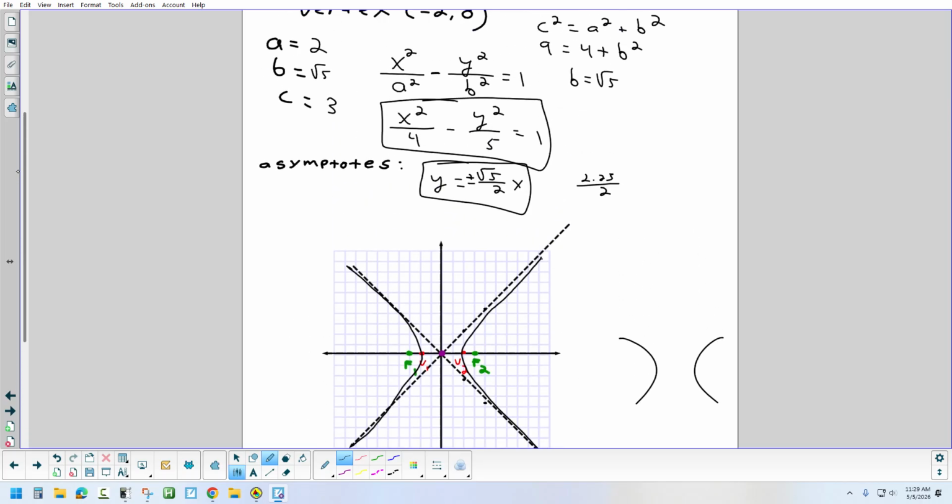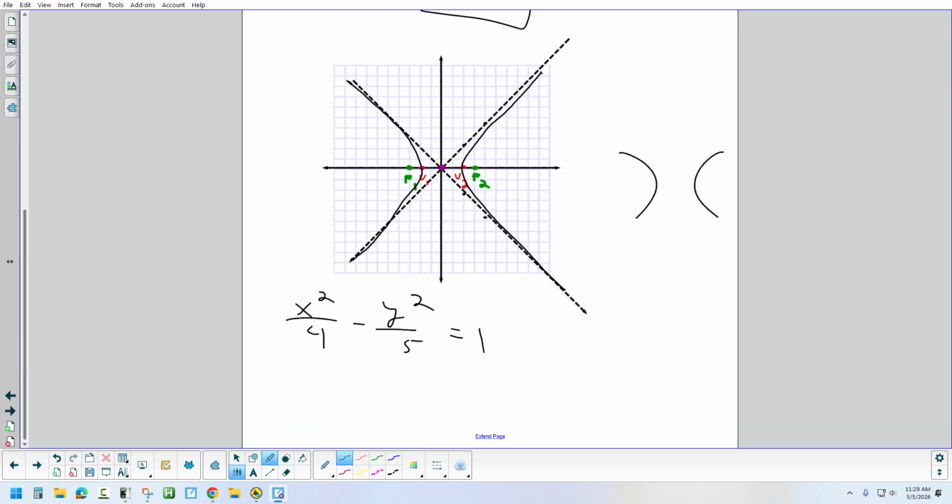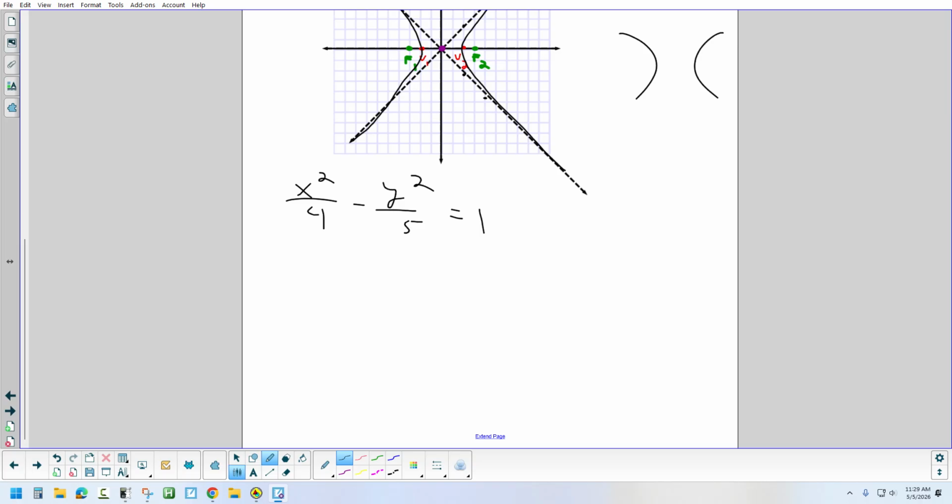What would be my first step to get y by itself in that equation? Yep. Subtract x squared over 4. All right. What would be my next step? Yep. Multiply by 5.